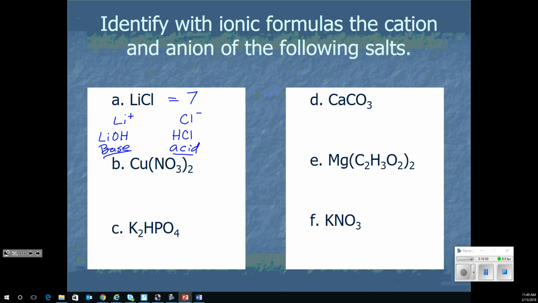It's going to be neutral, because I have a strong acid and a strong base is where it came from. Okay, so let's look at the B. What would be my base that would come from B? Copper hydroxide, right? And what would my acid be?